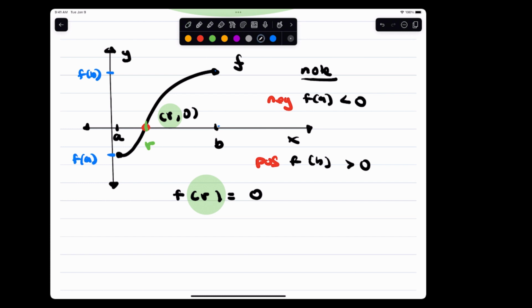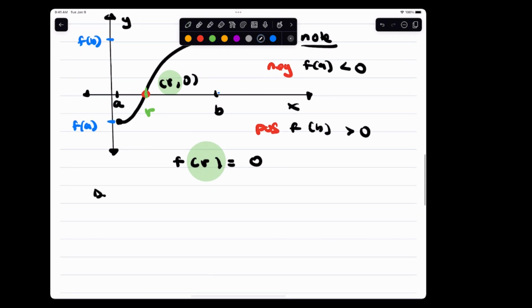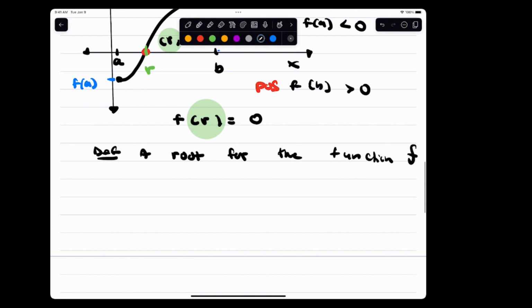So if I give you guys a definition, what's the definition of a root for the function f? Well, a root r, that's f of r equals 0.